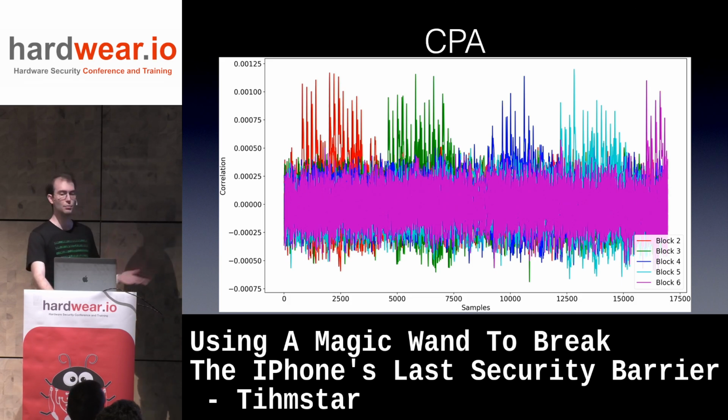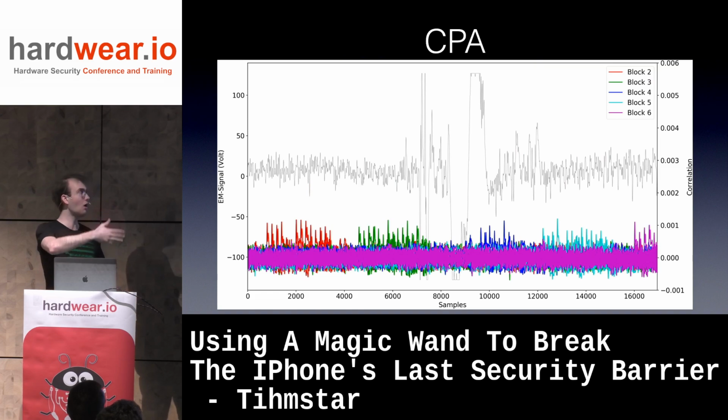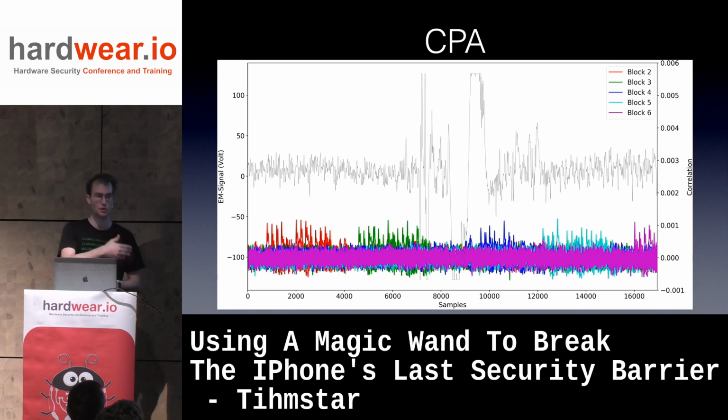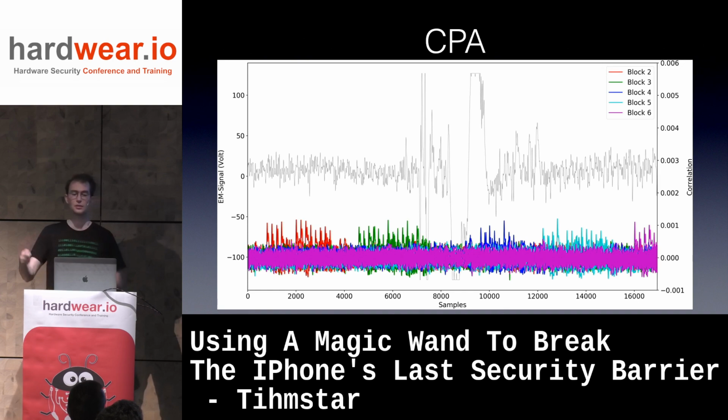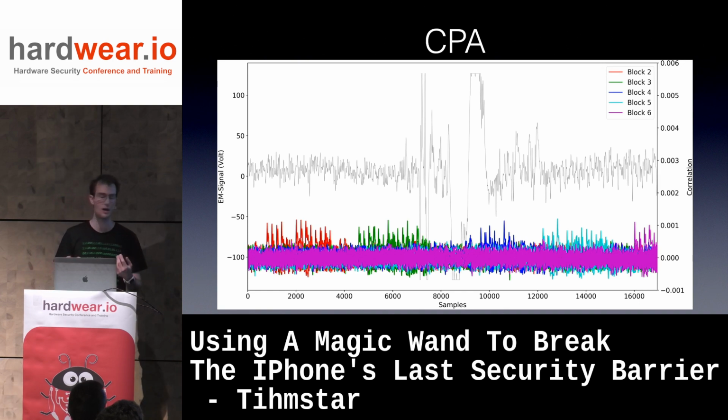And remember the earlier picture where I said you can see the ghost of the Christmas? So if you put it on top, this is actually where the AES is. And if you look at what signal you actually see from the trace, you don't see anything. It's not like you can see peaks or anything, there's just nothing.